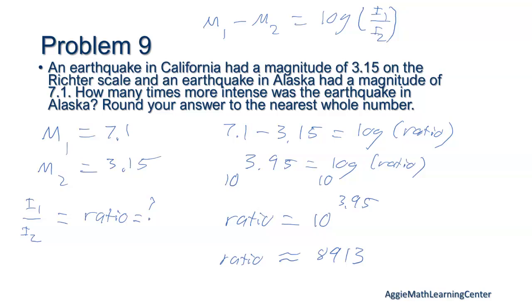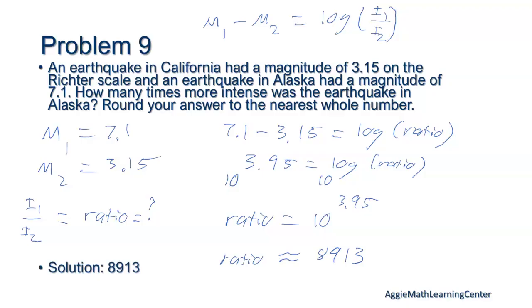Even though the numbers they report are only 3.95 apart, it's actually 8,900 times different. So it's quite a bit. And that is your solution. Any questions on this one?